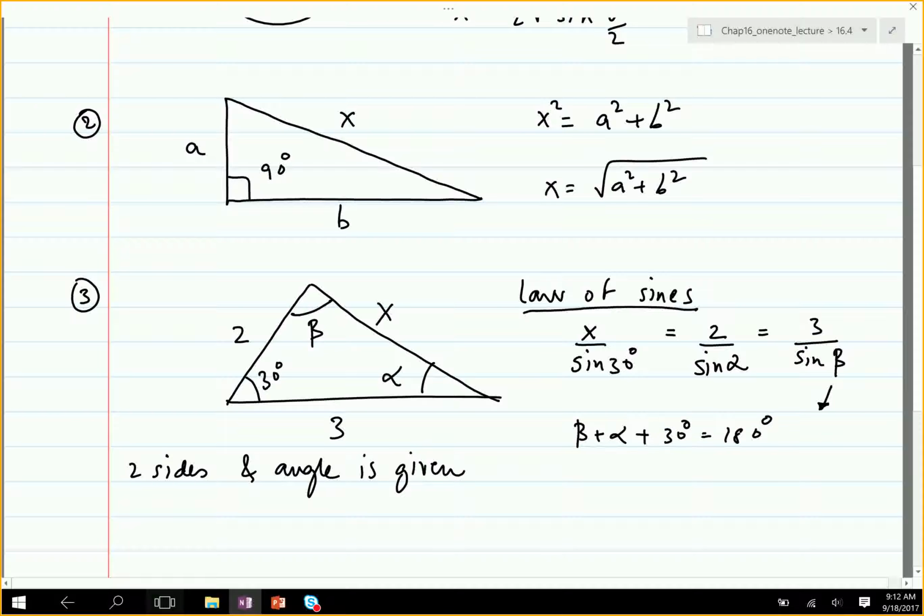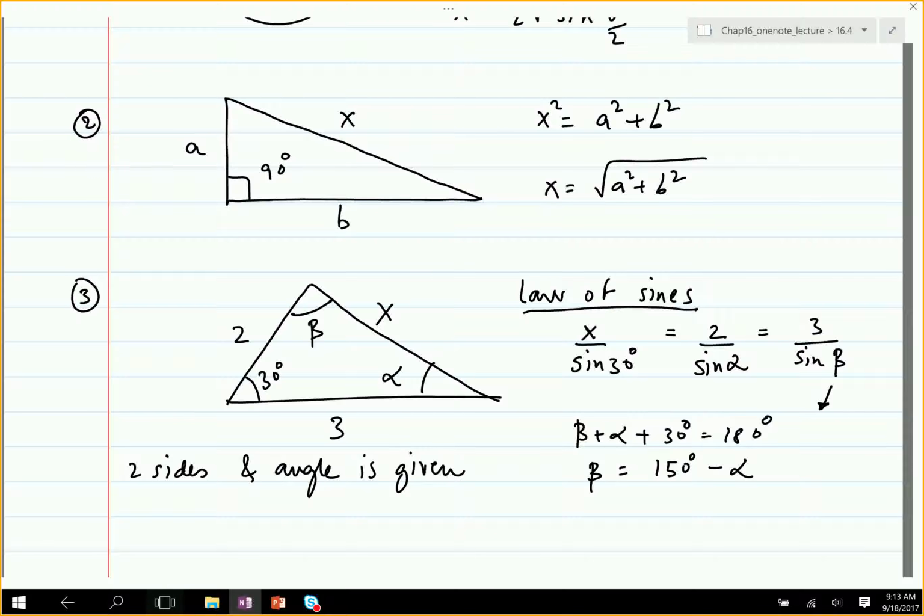Because the sum of the angles of a triangle should be 180 degrees. So from that, you could figure out that beta is simply 150 degrees minus alpha. Then you could find alpha by putting this beta in here. You'll get 3 divided by sine of (150 minus alpha) equals 2 divided by sine alpha. Solve that equation for alpha. That's one way to do it.